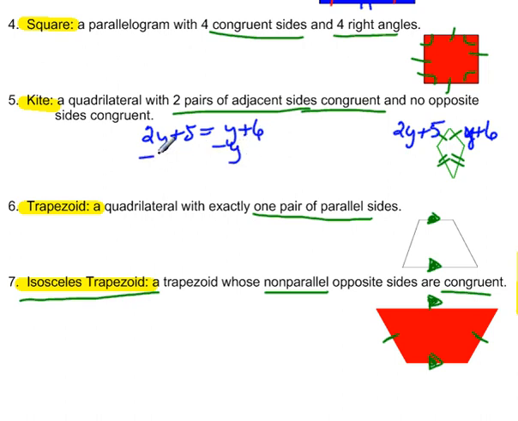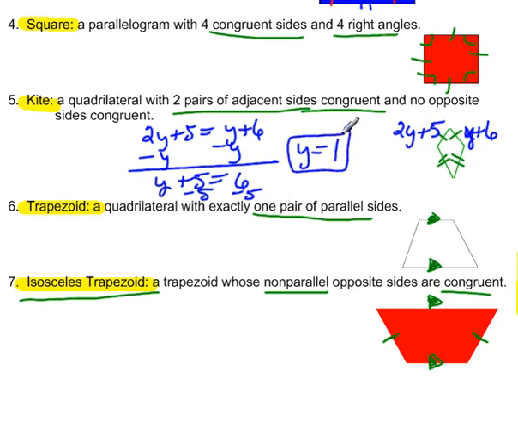So we would subtract y from both sides, and we'd say y plus 5 is equal to 6. And then we would subtract 5 from both sides, and our final answer would be y is equal to 1. Now we could sub that back in and find out what those sides are, or we could just say what the variable is.